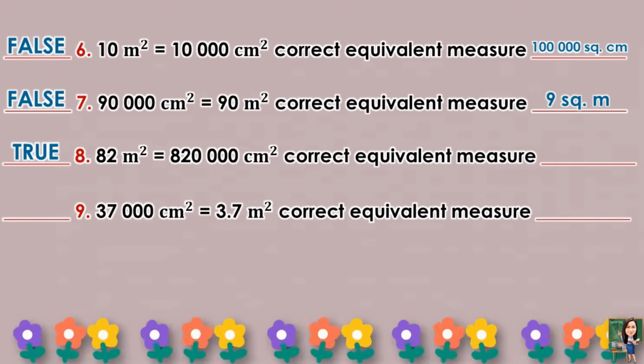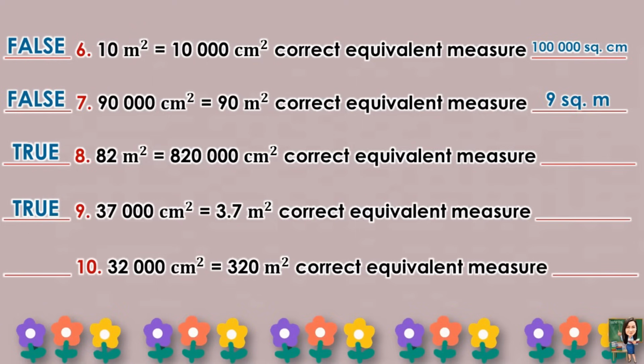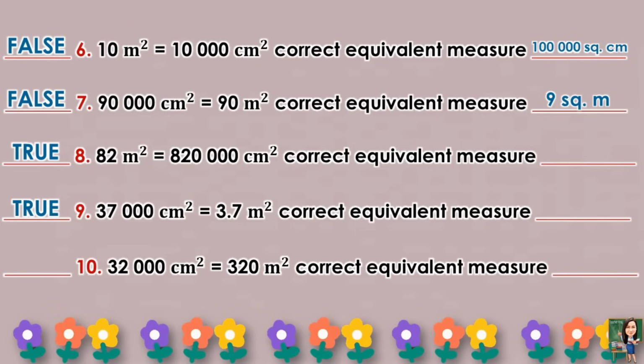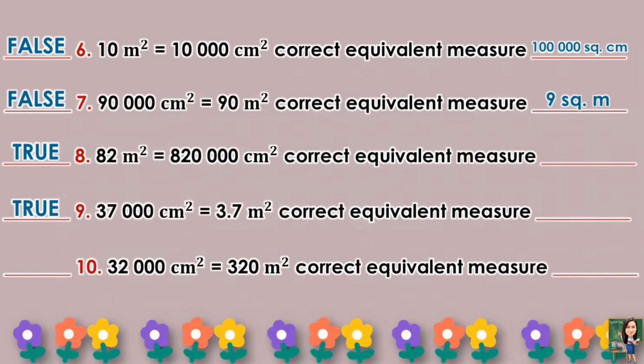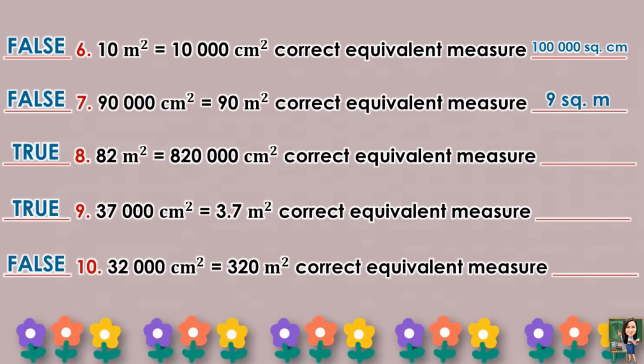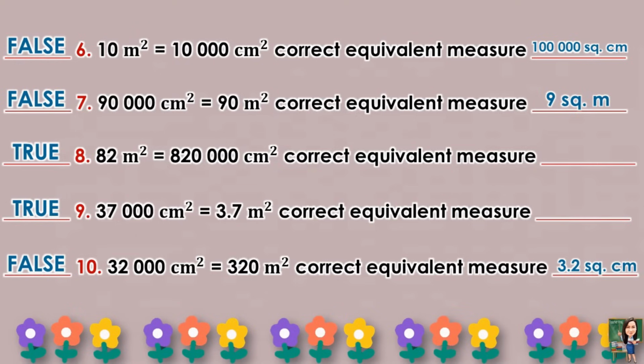Very good. The answer is true. And number 10. 32,000 square centimeters is equivalent to 320 square meters. Is it true or false? Very good. The answer is false because the correct equivalent measure is 3.2 square meters.